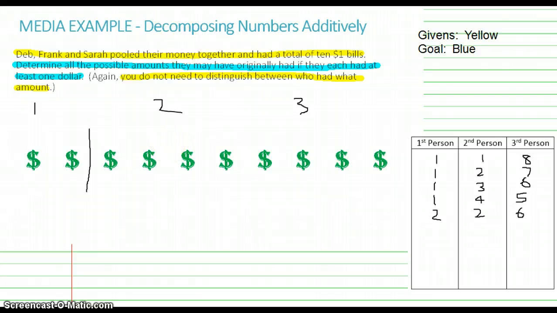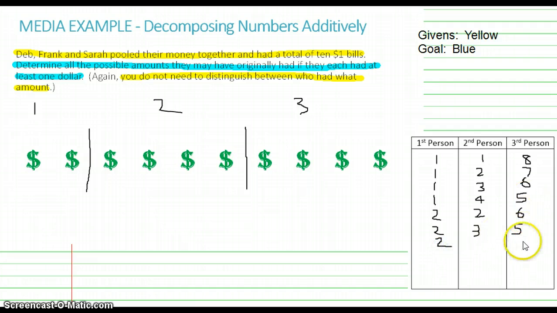Now we're going to move this over. 2, 3, and 5. Okay, let's see if we can still keep going. 1, 2, 3, 4. This would give us 2, 4, and 4.